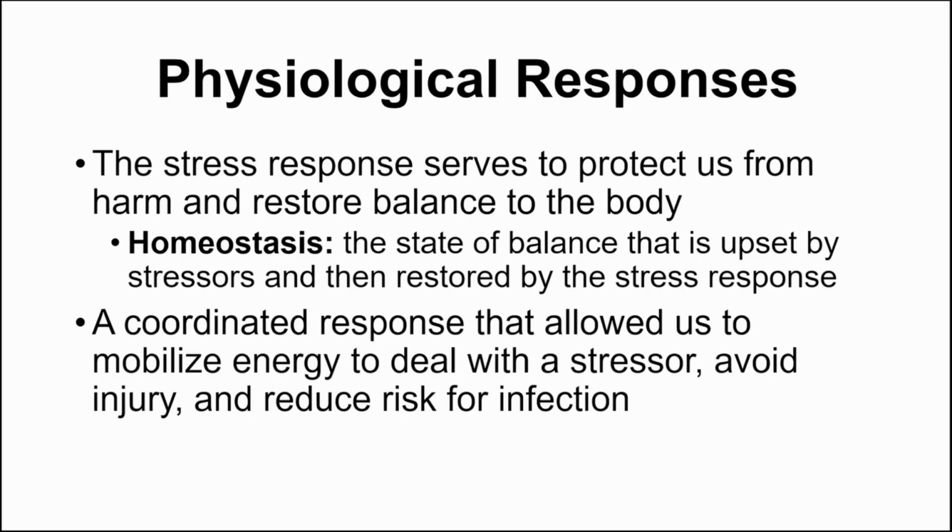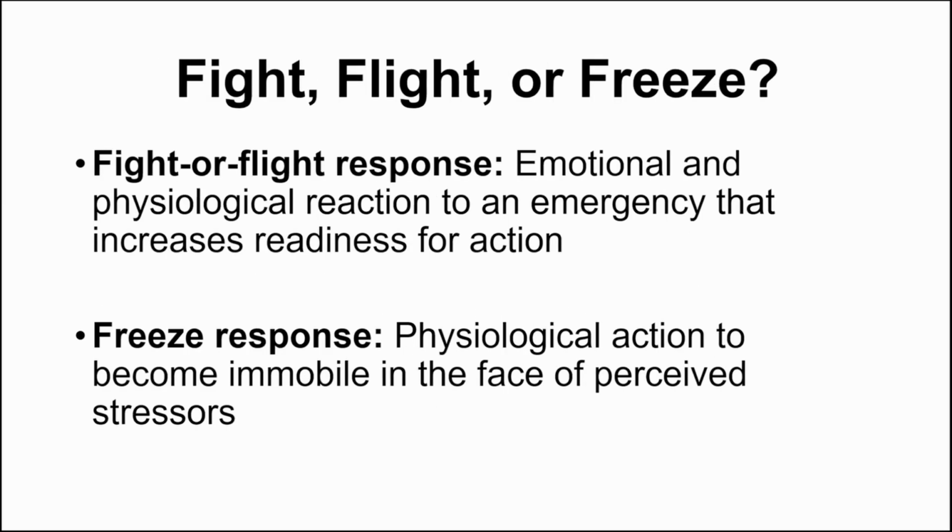So with our physiological responses, they're usually going to be fairly system-wide, coordinated responses, and they're going to involve, say, freeing up energy to help us deal with a stressor, things that are going to help us maybe avoid injury, reduce risk of infection if we're in a physical situation like a fight. All of those things are meant to be beneficial, and again, from that evolutionary point of view.